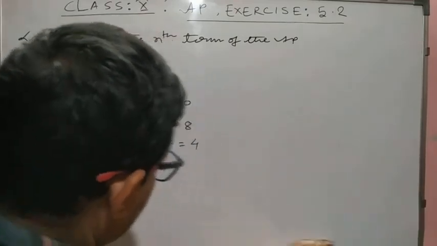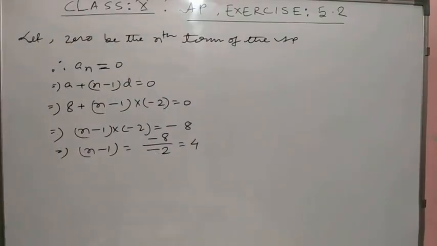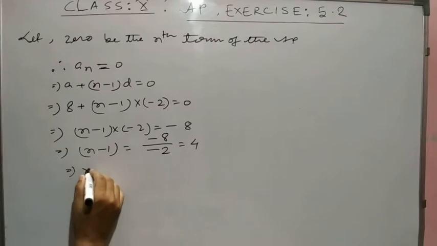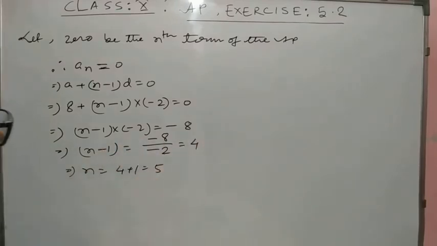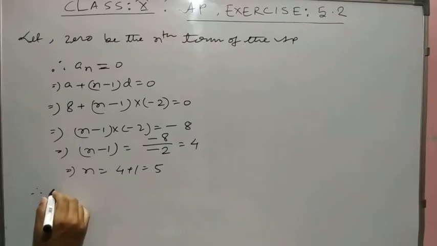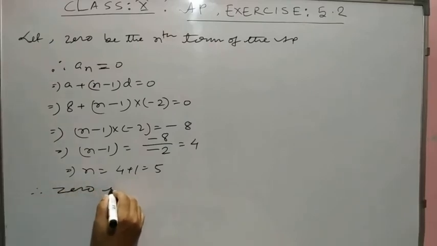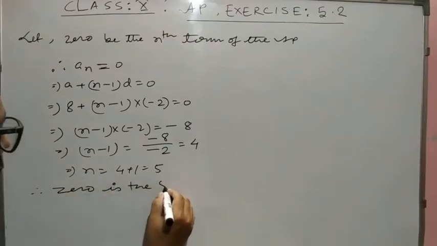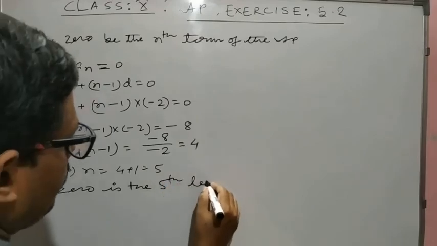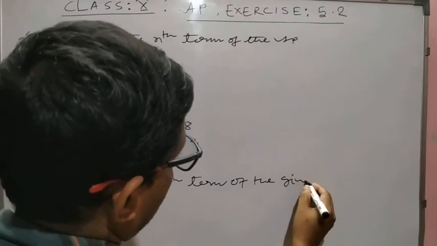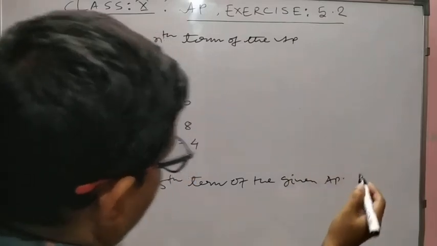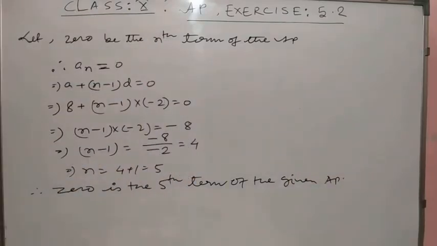Now this implies that n equals 4 plus 1, which is 5. Therefore 0 is the fifth term of the given AP.